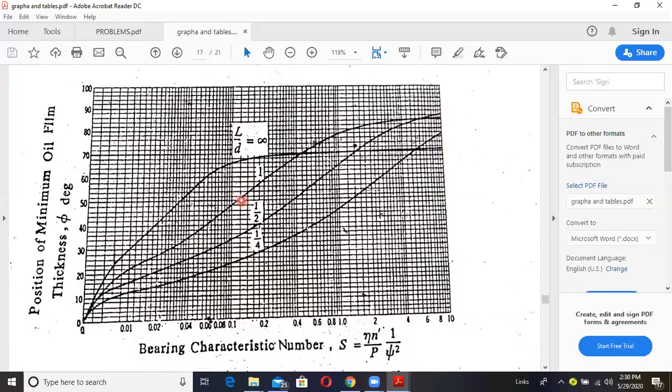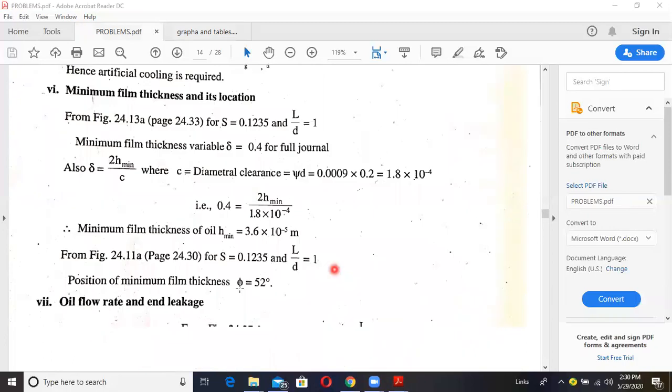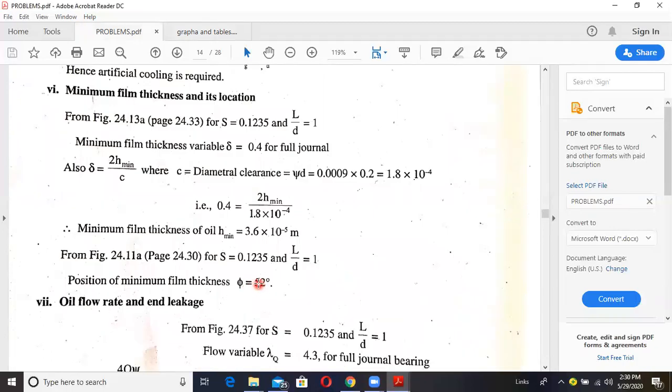Move until it touches the curve, then come towards the left side. So we get phi equal to 50, the location, the position of minimum film thickness phi. In this way, you can calculate minimum film thickness and its location.